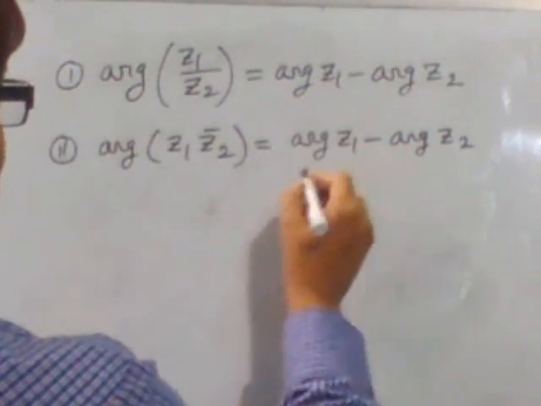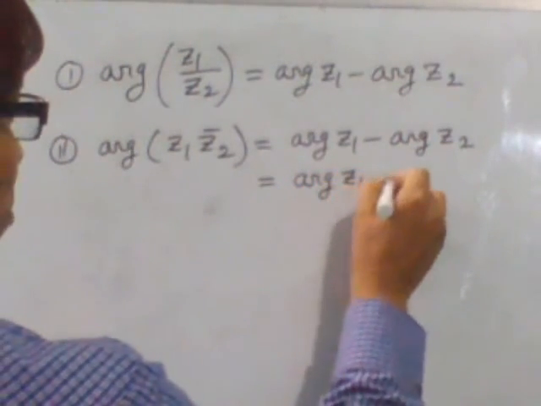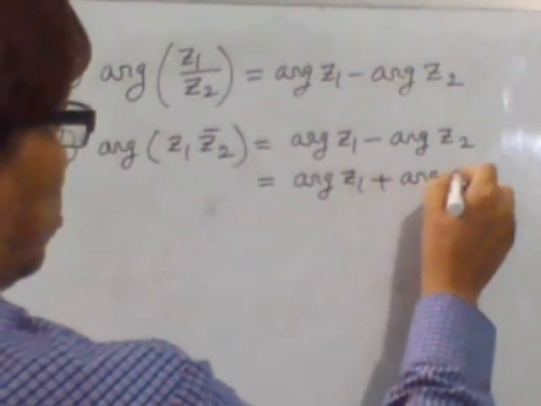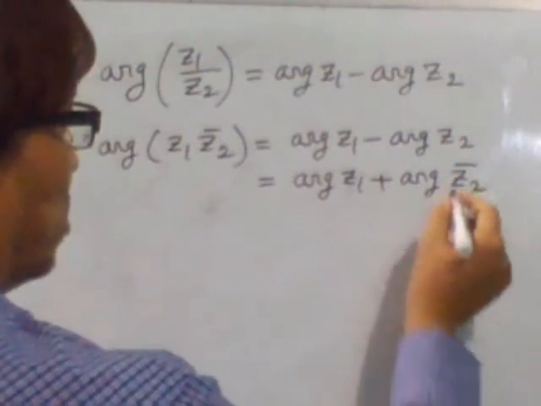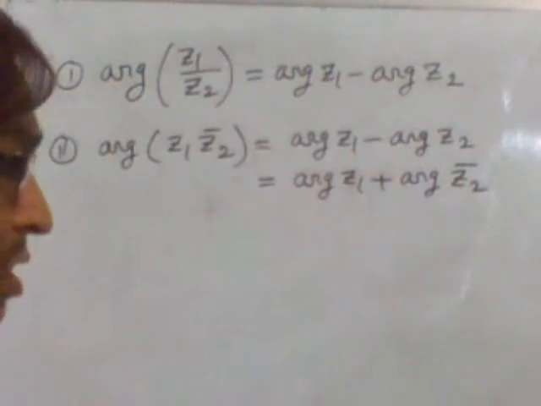This can also be written as argument z1 plus argument z2 bar. So this bar actually jumps here and it becomes minus.